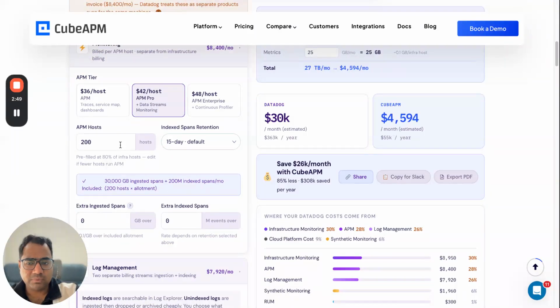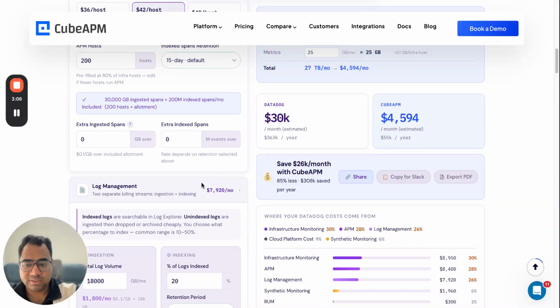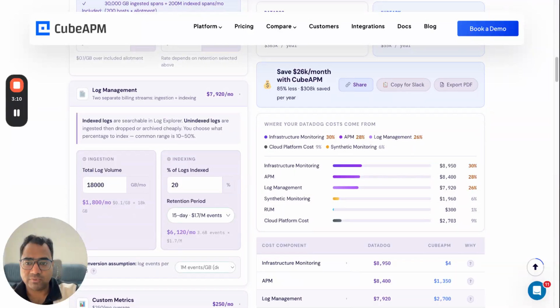And I have assumed usual defaults, like the retention is 15 days, which is the default period. If I want longer retention, I can obviously select 30 days from here. Then I have assumed there are no extra ingested spans and no extra indexed spans. These numbers could also go up, but for the sake of calculation, I assume them to be zero.